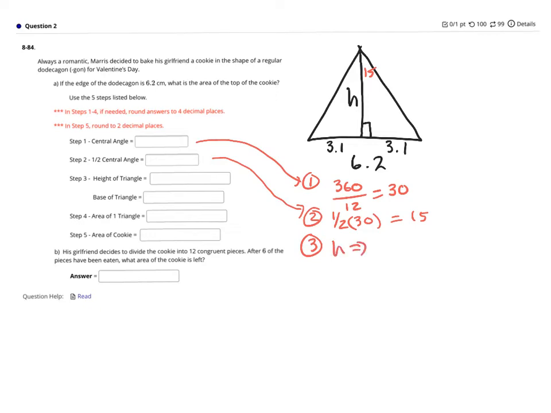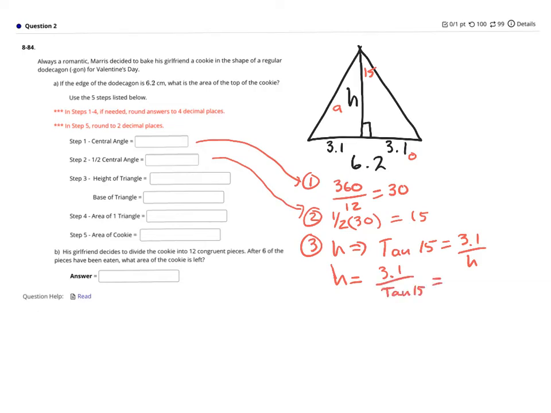In order to find the height, this is the opposite, this is the adjacent side, so I'm going to use tangent. So the tangent of 15 is equal to the opposite over the adjacent. This is a division problem, so I'll end up with h equal to 3.1 divided by the tangent of 15.